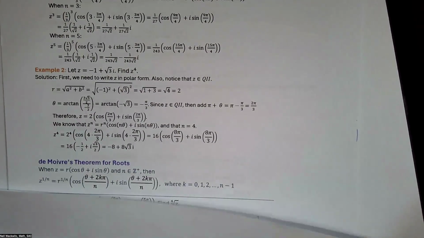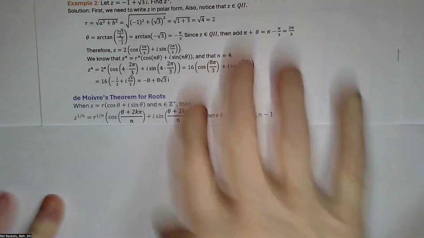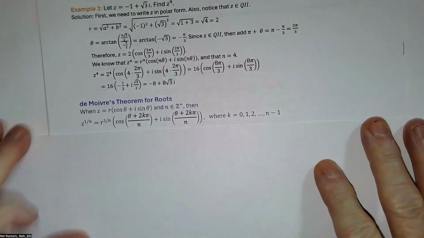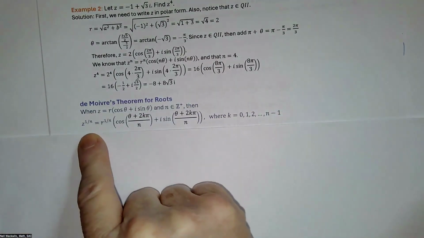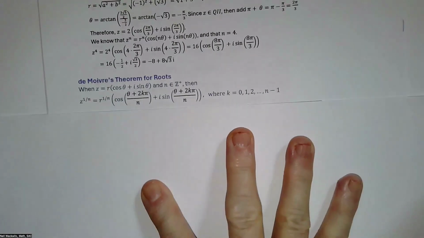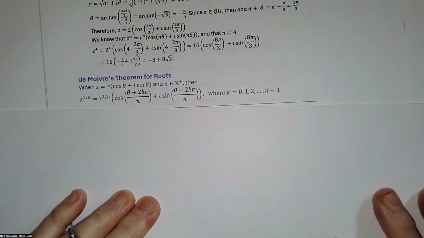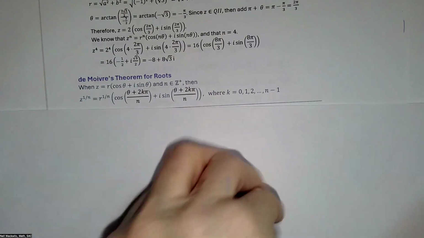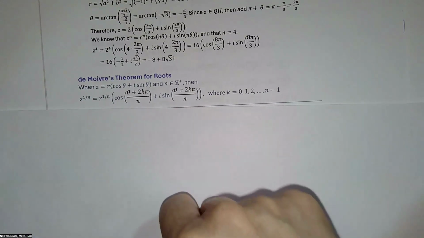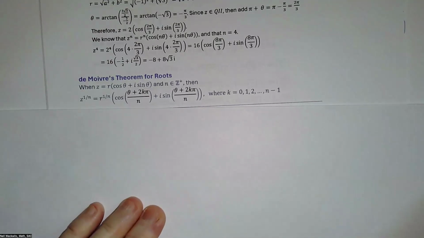We're not going to prove de Moivre's theorem for roots, but this is where the elegance of complex numbers in polar form really starts to shine.